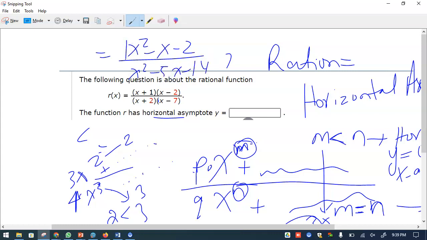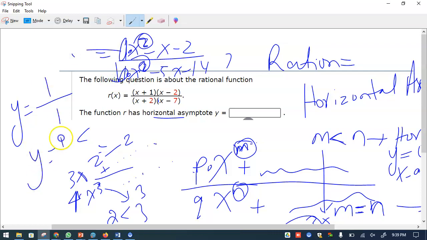The leading coefficients are 1 and 1, and the degrees are both 2. When the degrees are the same, you just write y equals the ratio of a and b. Right now it is 1 and 1, so y equals 1. So this asymptote is 1. I hope that makes sense.